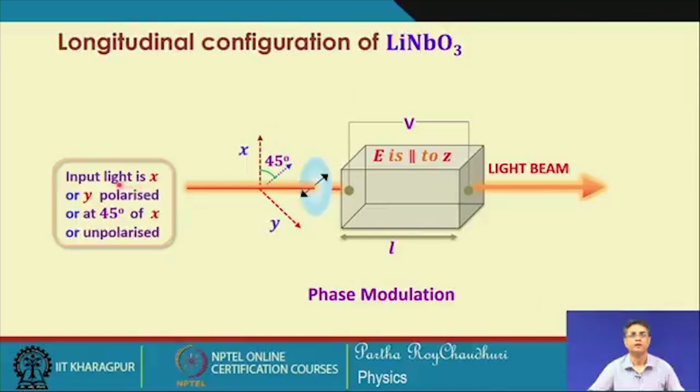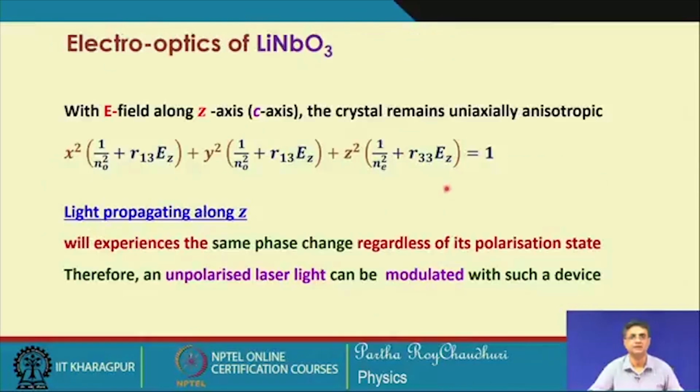So, input light that is x or y polarized or at 45 degrees or any polarization will give you a phase modulated light, we will see that.